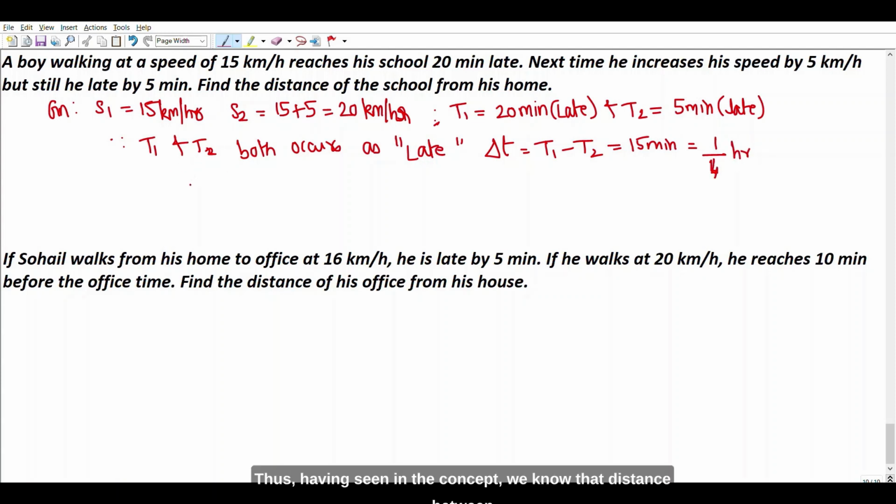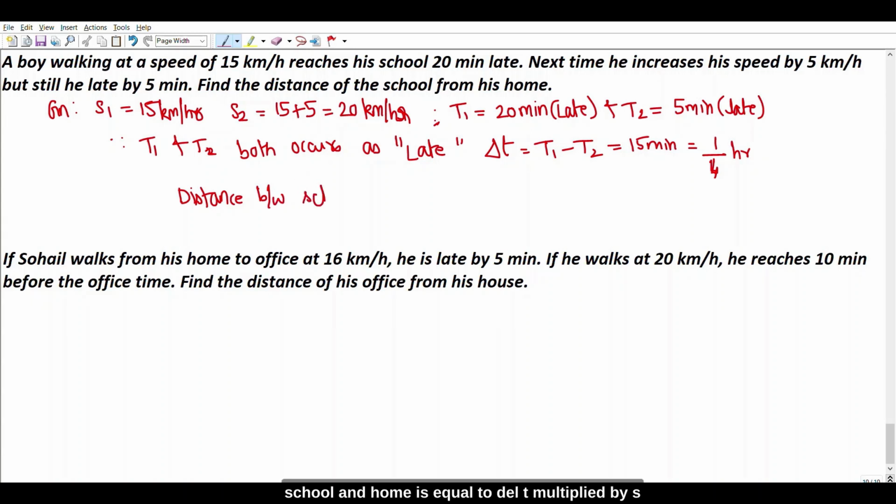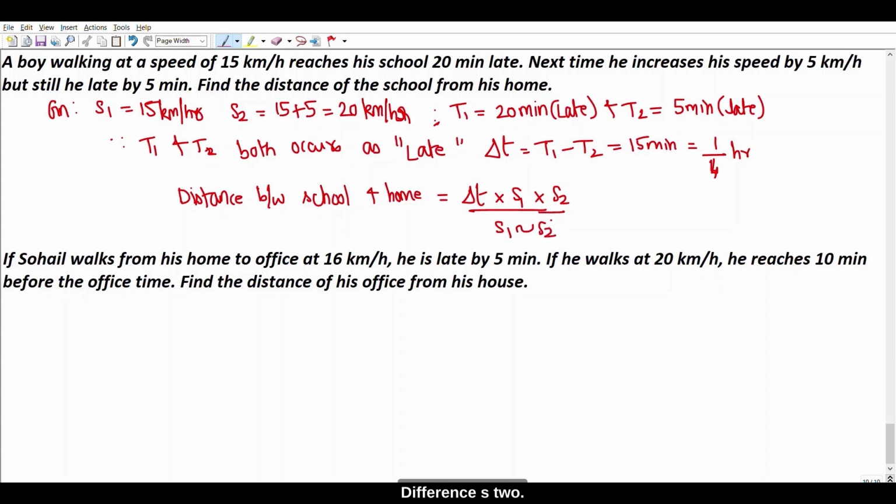Thus, having seen the concept, we know that the distance between school and home is equal to del T multiplied by S1 multiplied by S2 divided by S1 difference S2.